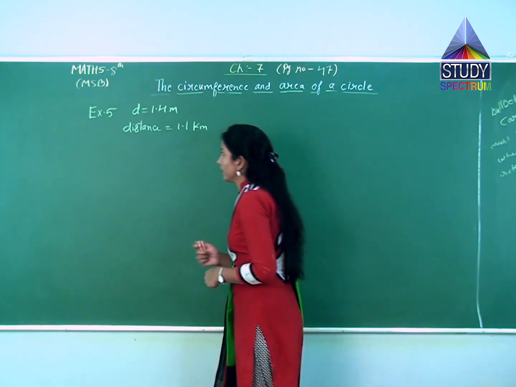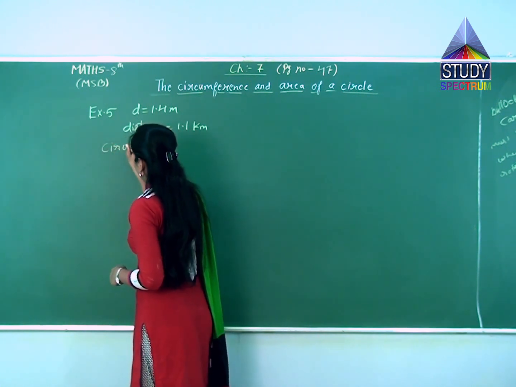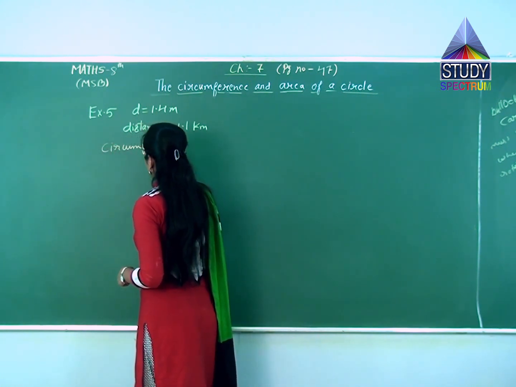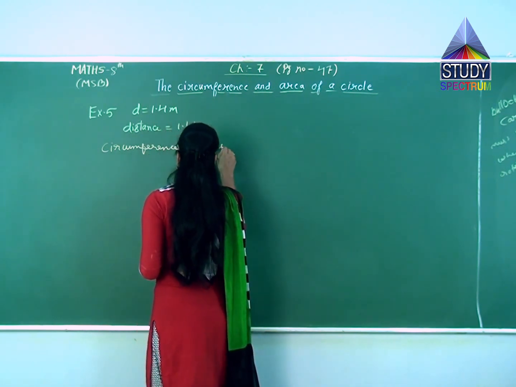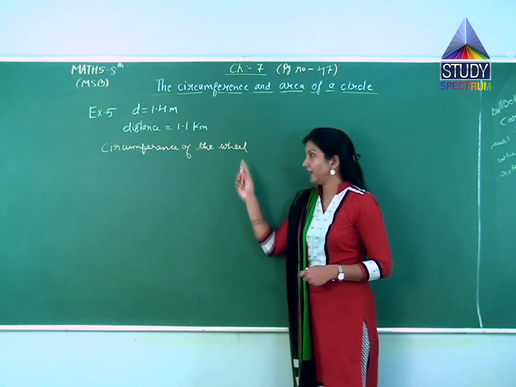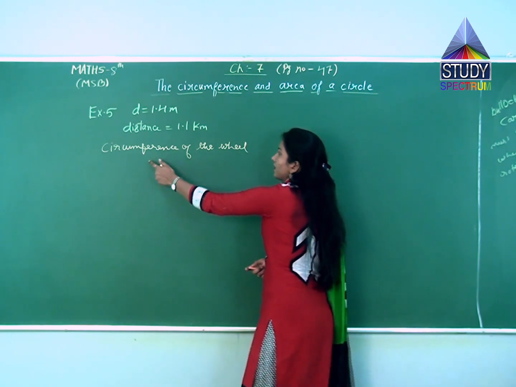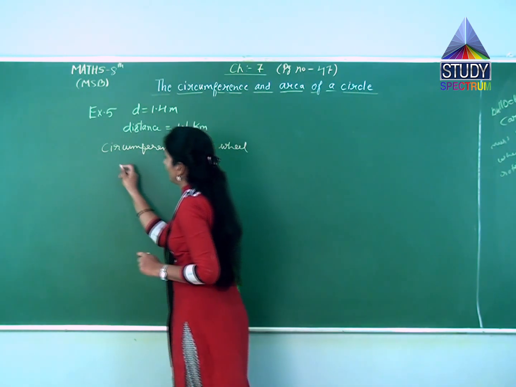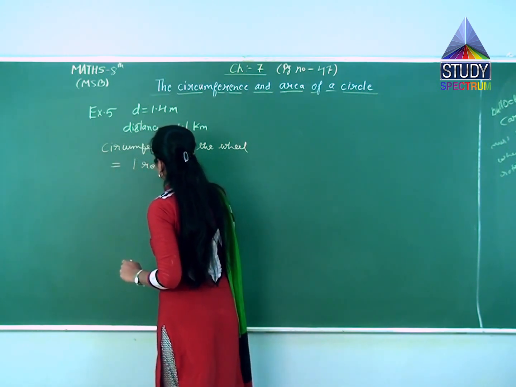The first point to remember here is the circumference of the wheel. Why the circumference of the wheel? Because the wheel is in circular shape. The wheel is a circle. That's why the circumference of the wheel will be equal to one rotation of the wheel.